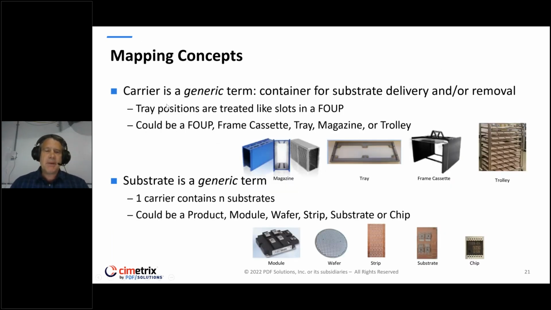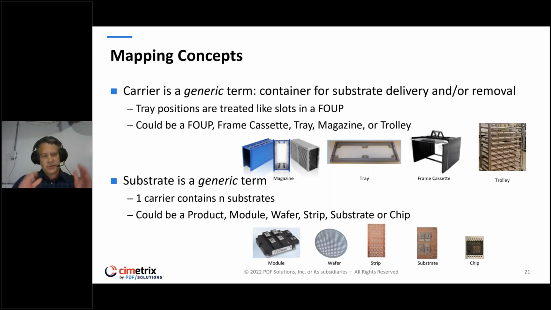And the mapping concept is pretty easy. The standards were written using terms carrier and substrate, which are very generic terms. A carrier is really just any container that allows for substrate delivery and or removal.